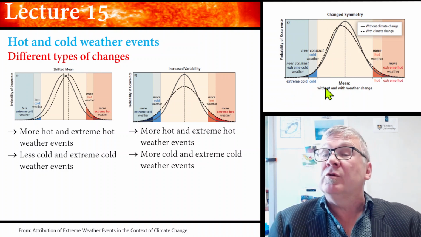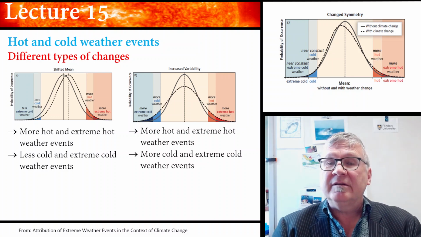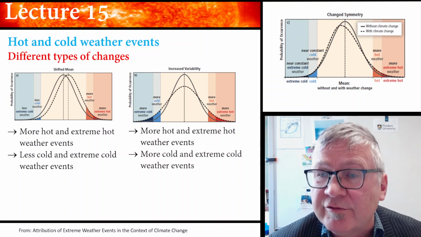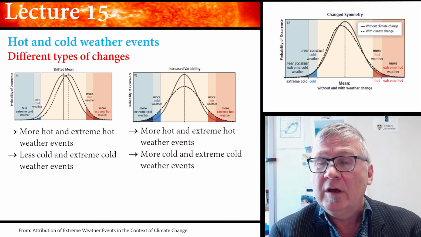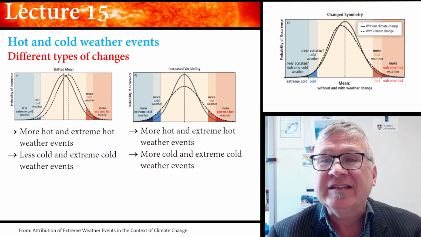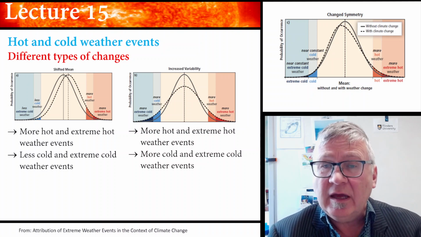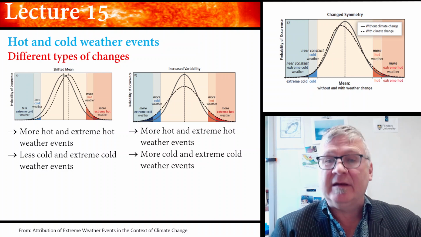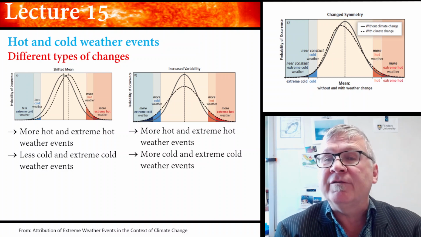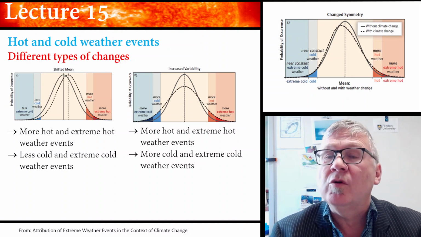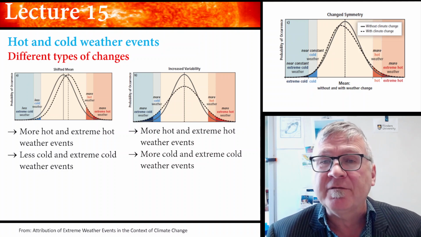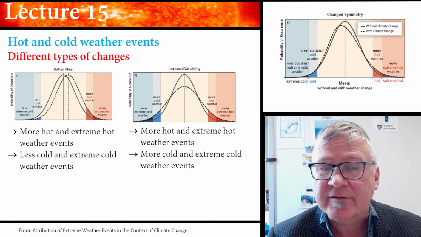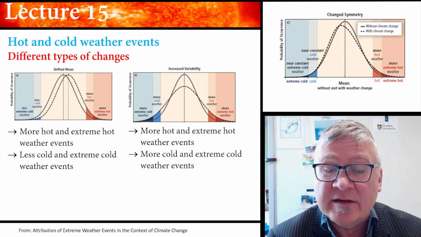So these distributions are extremely helpful in order to understand changes, in particular not only of the mean, but also of the number of extreme events. This is what scientists use.